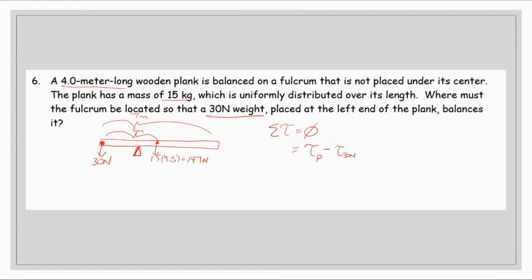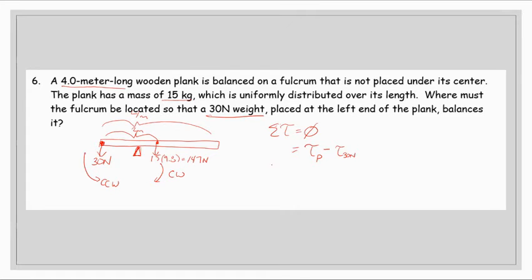They're going in different directions. This one causes it to go clockwise, and this one causes it to go counterclockwise. That's why we know the fulcrum, the pivot point, has to be between the center and the 30 Newton weight, because we need something to counterbalance that torque.